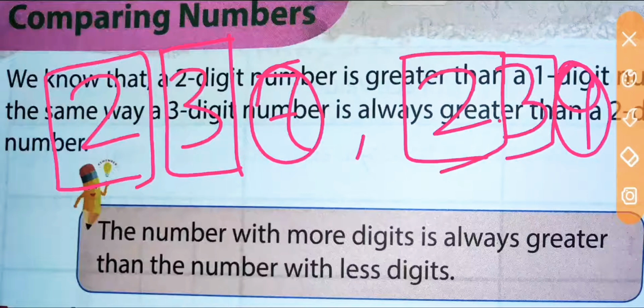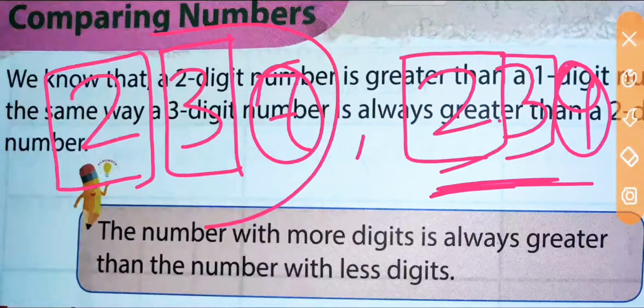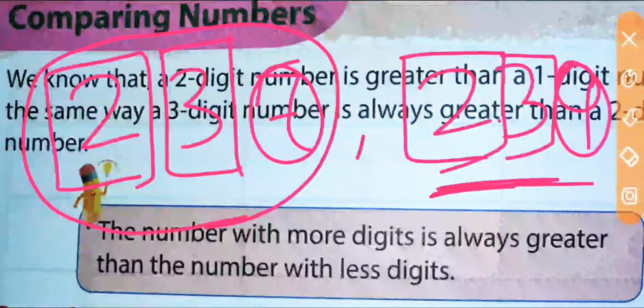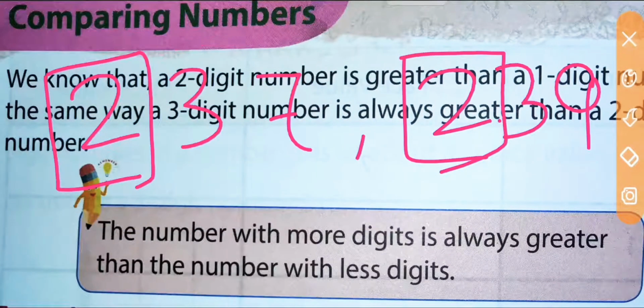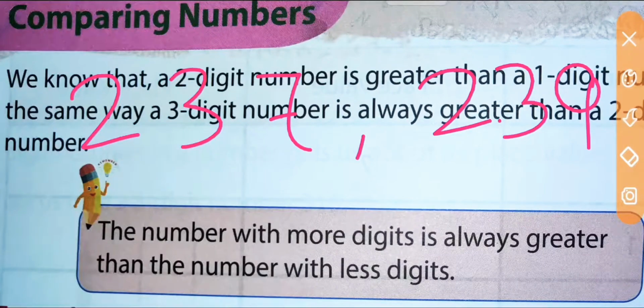We know 9 is greater than 7, so this number is greater than this number. So we can represent this by the symbol of less than like this. 237 is less than 239.